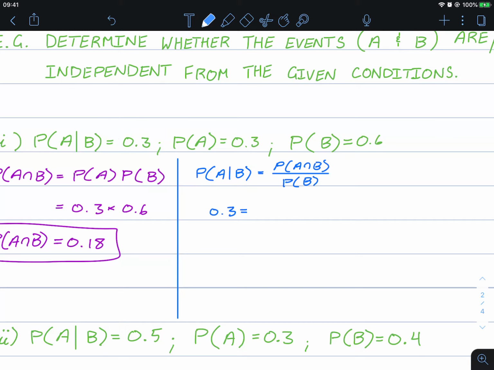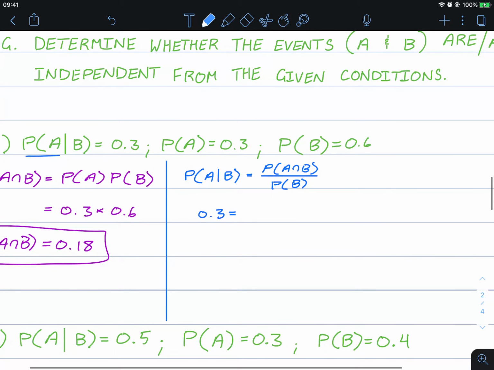In this particular example, because remember these are just the conditions we've been given, in these conditions we don't know what this is yet, so let's leave it as the probability of A intersect B over the probability of B, which is actually 0.6.